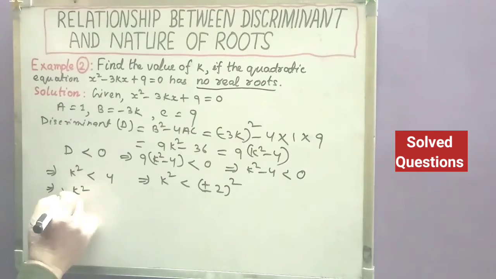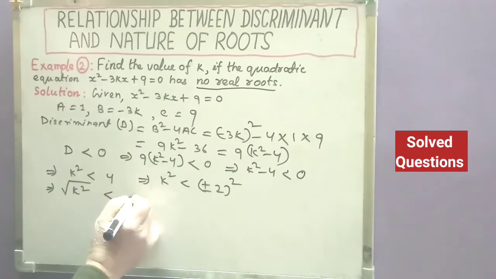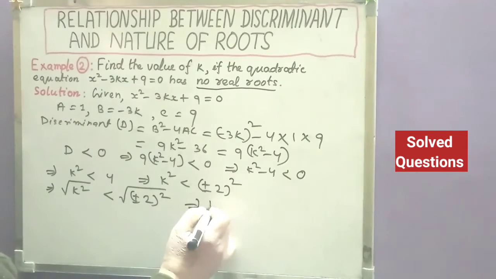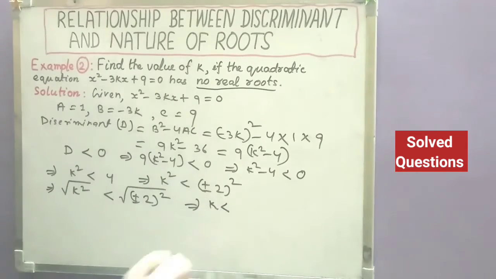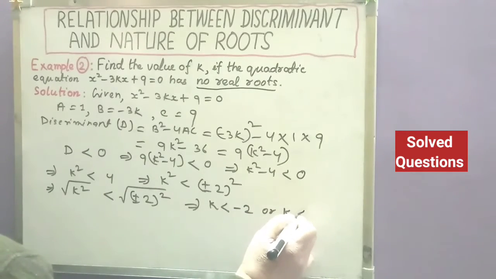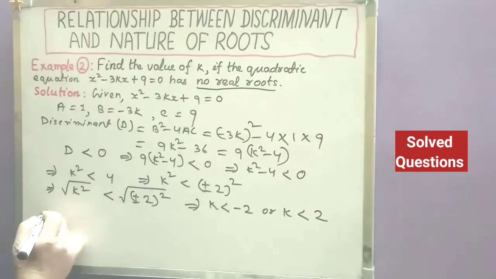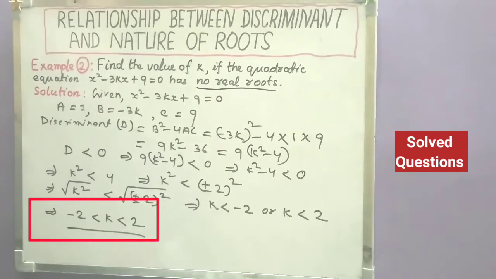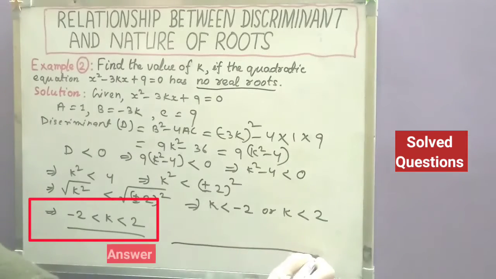Now, taking the square root of both sides, we have the square root of k² is less than the square root of (±2)². That implies that k is greater than −2 and k is less than 2. That implies that −2 < k < 2. These are the values of k, which is your required answer.